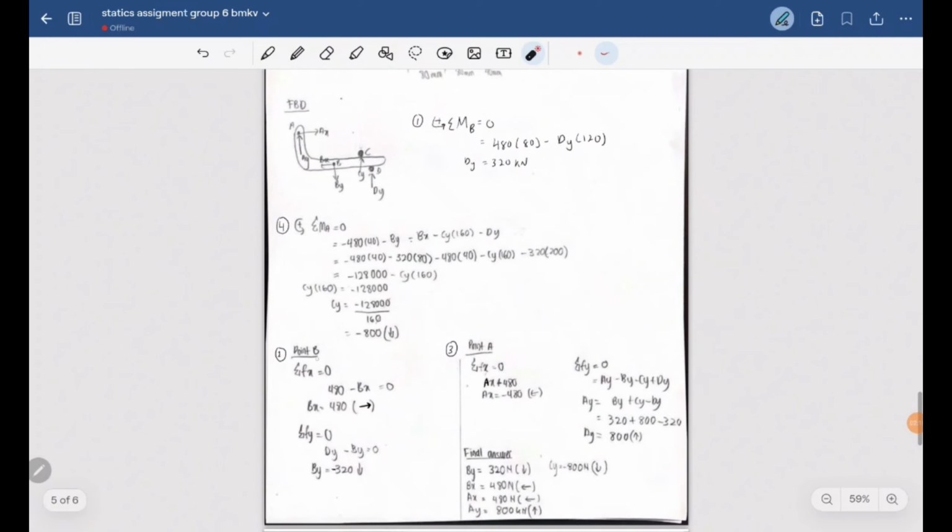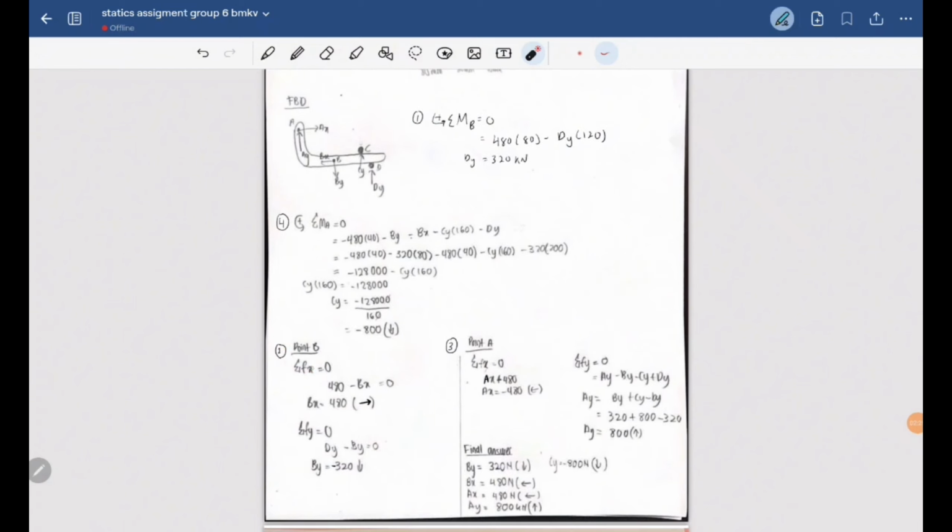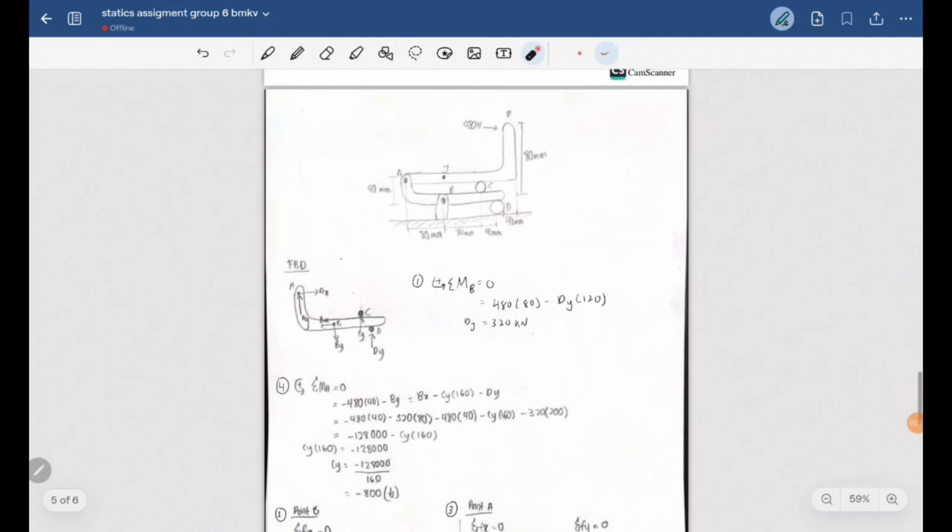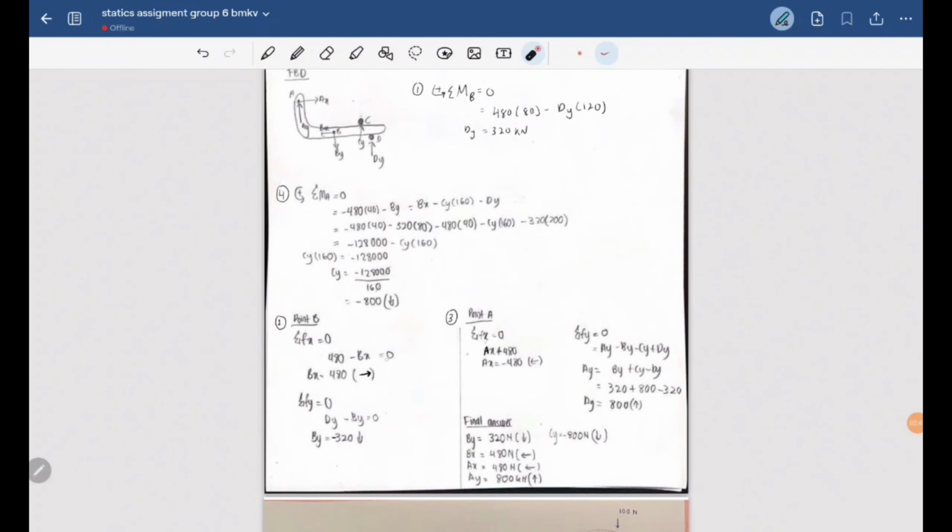So the second step, we find the sum of Fx is equal to 0 and 480 which is at x axis minus bx equal to 0. So bx we got 480 to the right, and for Fy equal to 0, dy we got from here, dy is equal to 320.